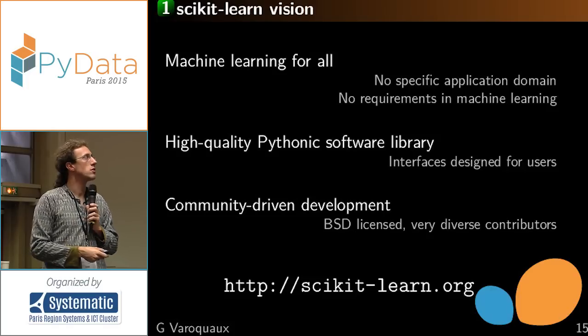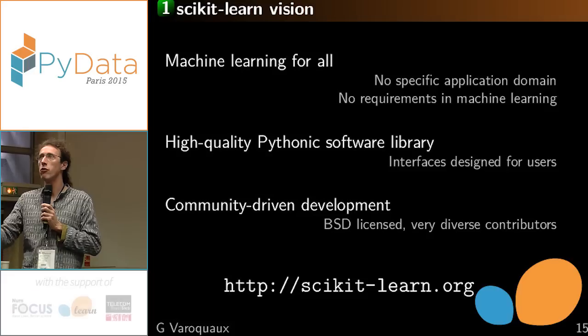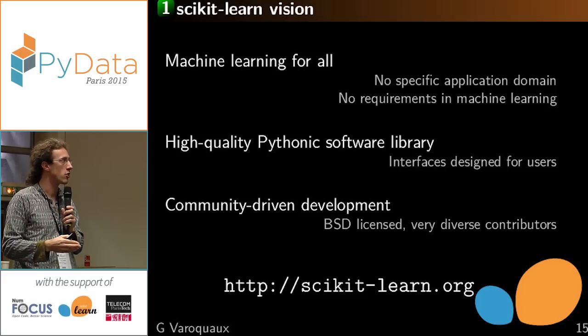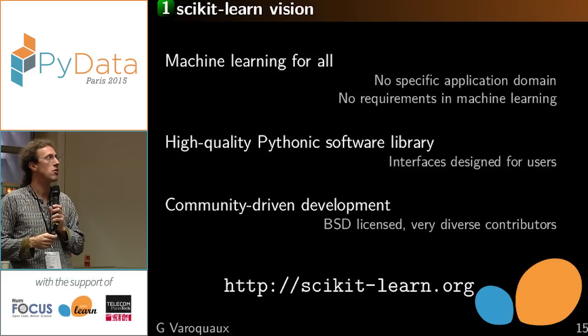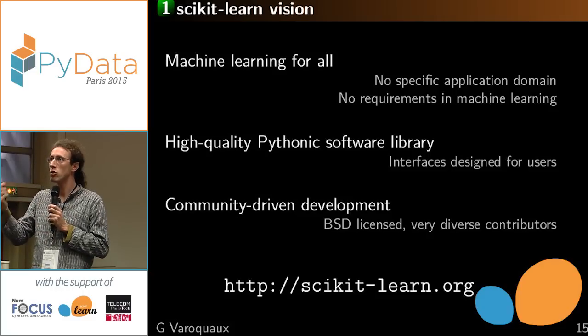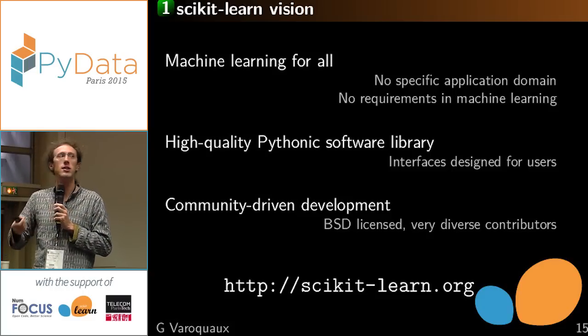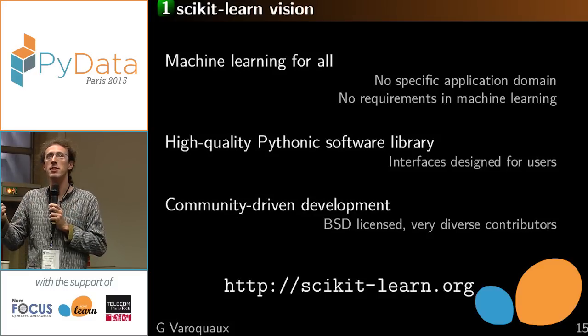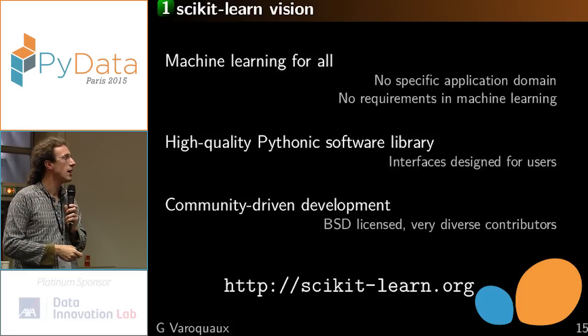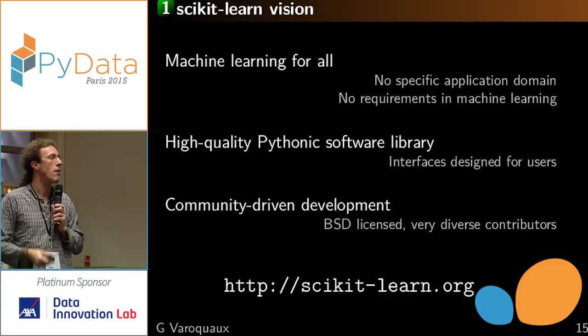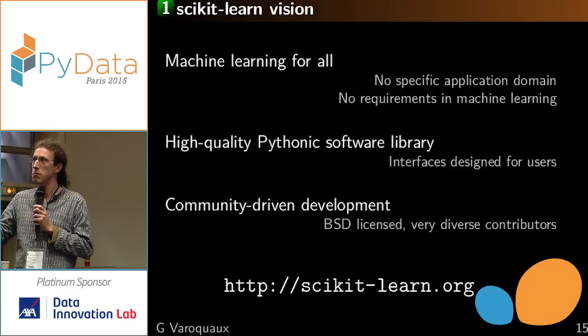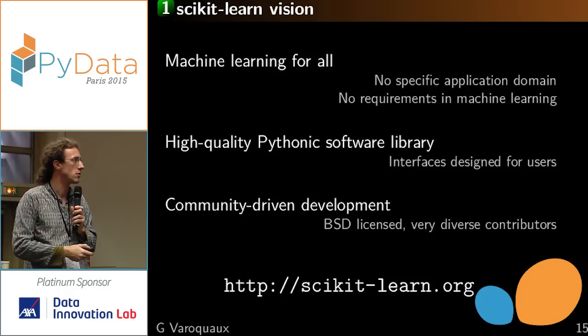And our vision was we wanted to be machine learning for all, not only for machine learners. So no specific application domains, not too many requirements in machine learning. We wanted it to be high quality and Pythonic, which means that we worried about interfaces, and we wanted community-driven development. So we chose a BSD license, so very open source.